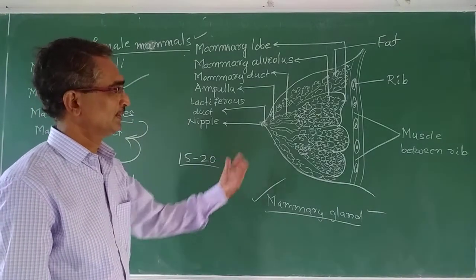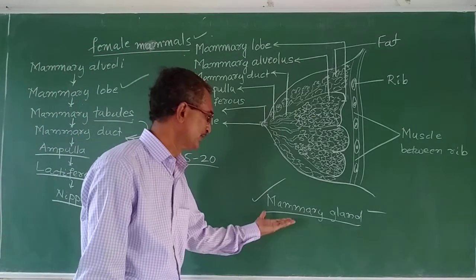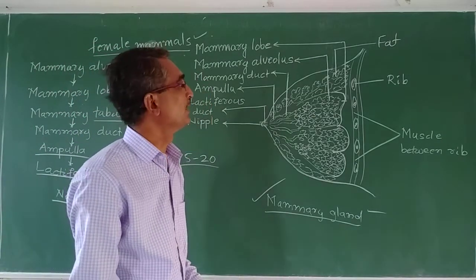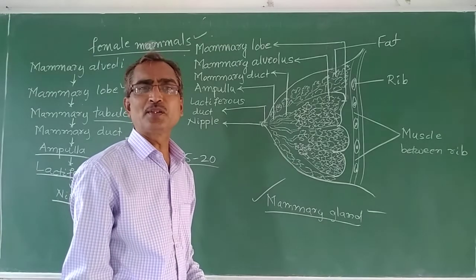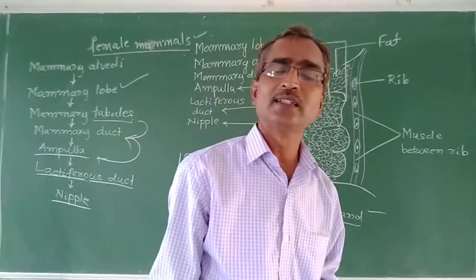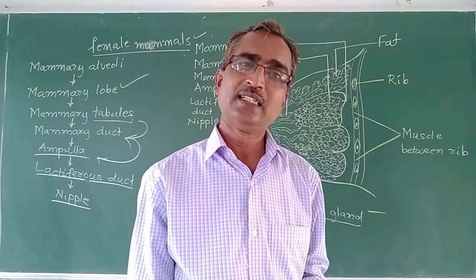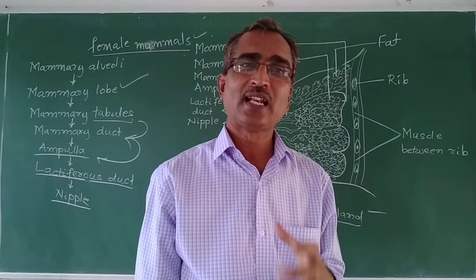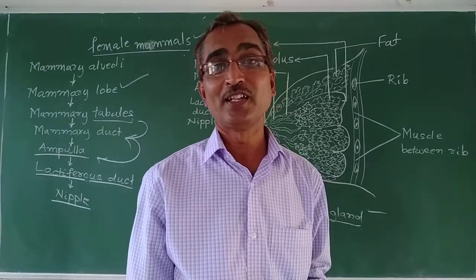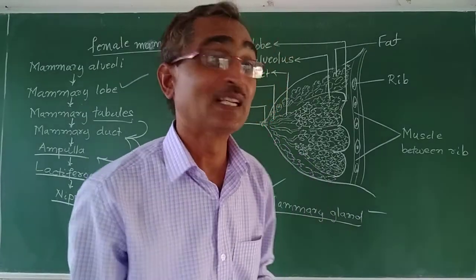Let us go through the diagram of this mammary gland. As I told, mammary glands are the characteristic feature of female mammals, and they are made up of glandular tissue and a certain amount of fat.